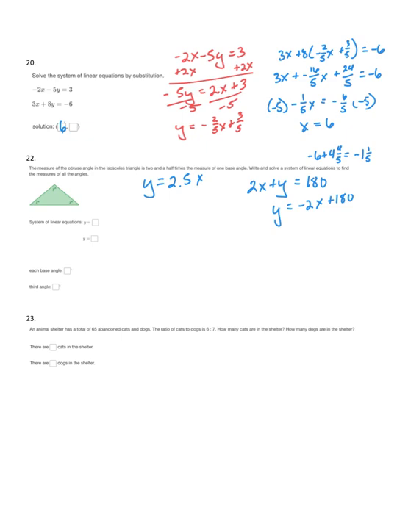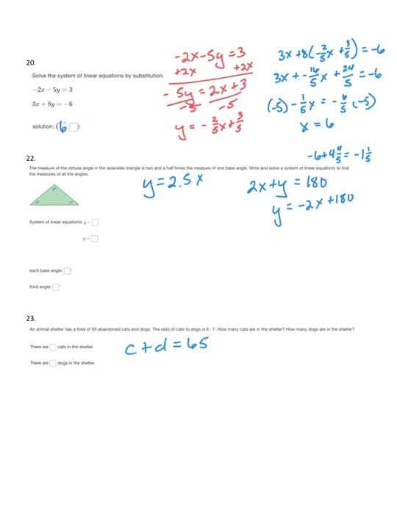All right, then we have problem 23. It says an animal shelter has a total of 65 abandoned cats and dogs. Okay, so we'll just use C and D. So we can already say that C plus D equals 65. That's one of our equations. Then we have the ratio of cats to dogs is 6 to 7.